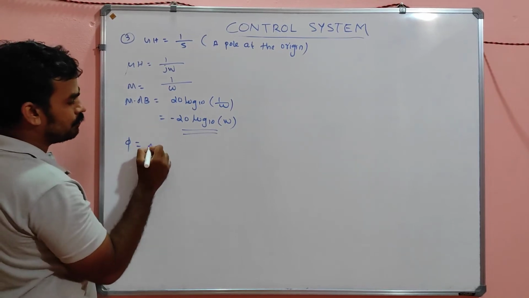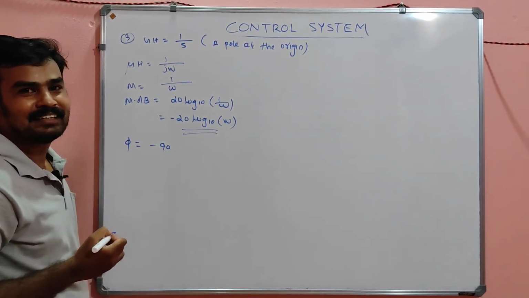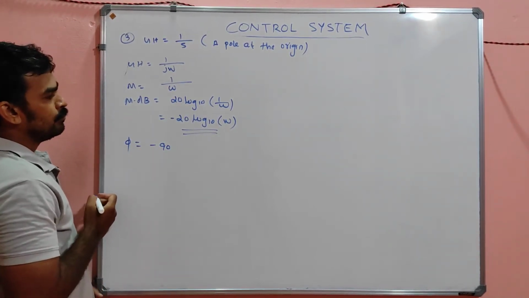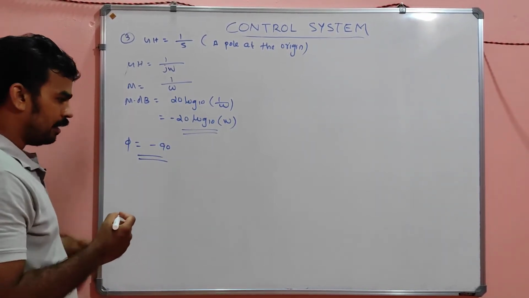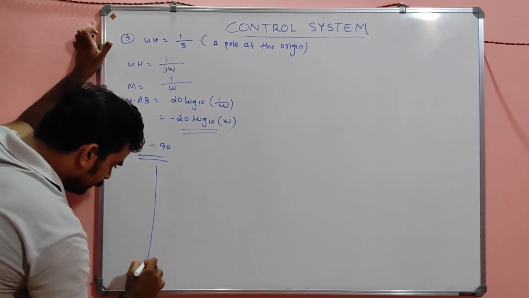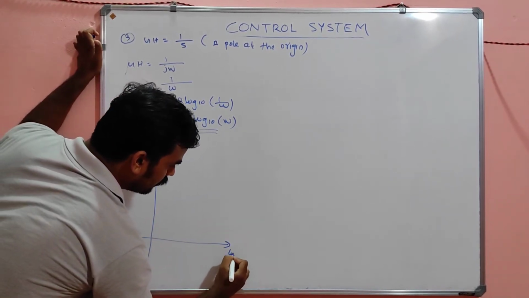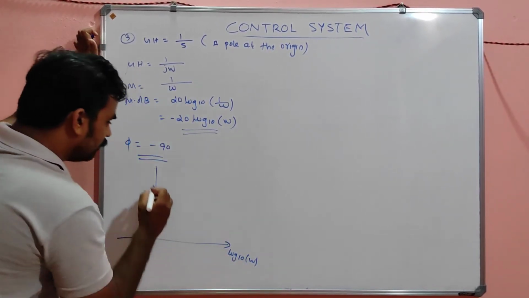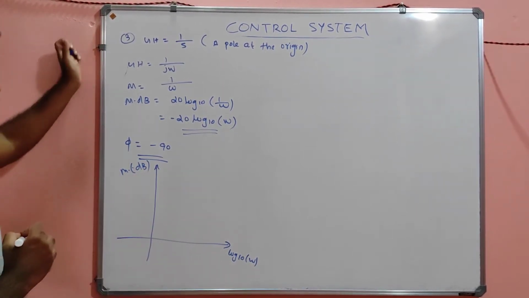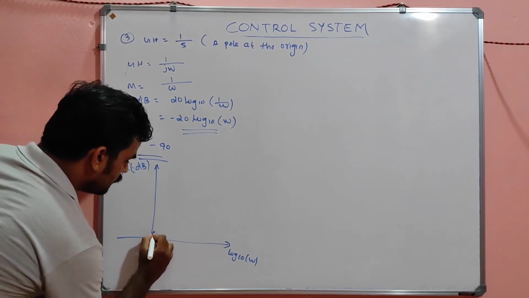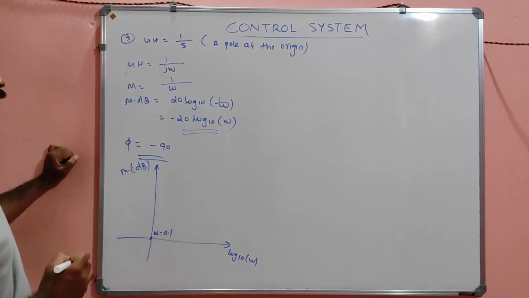For 1 by j omega, the phase angle will be minus 90 degrees. So you have the phase angle as well as M in dB. Can you plot the graph? The graph is log 10 omega versus magnitude in dB. This is omega equal to 0.1.